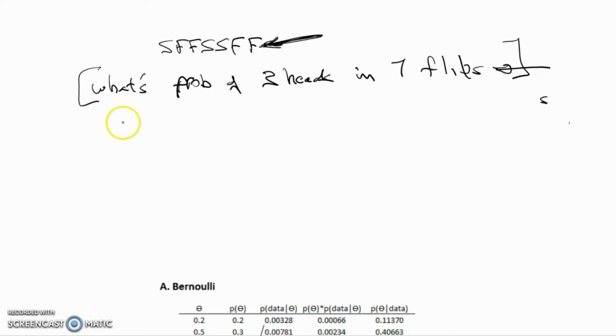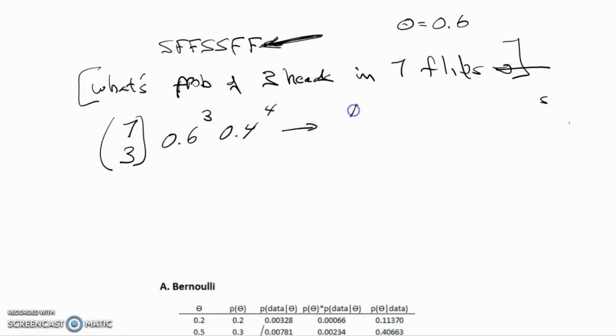So the answer to that would be 7 choose 3. And in this particular case, if we assume that theta is equal to 0.6, we'd have 0.6 raised to 3, 0.4 raised to 4, or of course, more generally, we could represent this as n choose z, theta to z, 1 minus theta to n minus z.